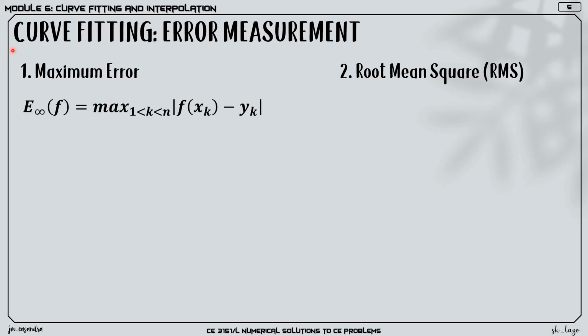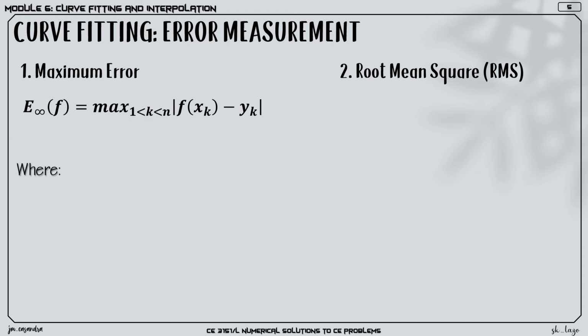In maximum error, we take note of the equation E sub infinity of f is equal to the maximum value of the absolute difference of f of x sub k minus y sub k, wherein k is from 1 to n.